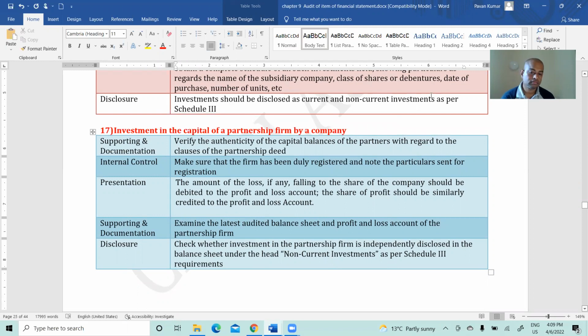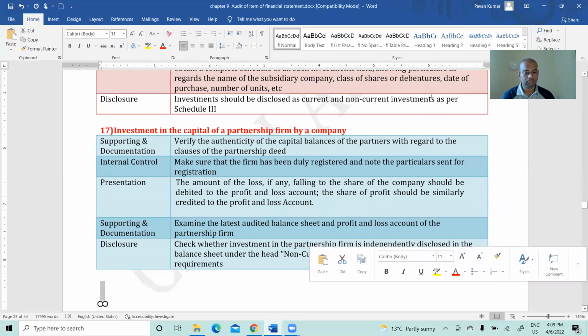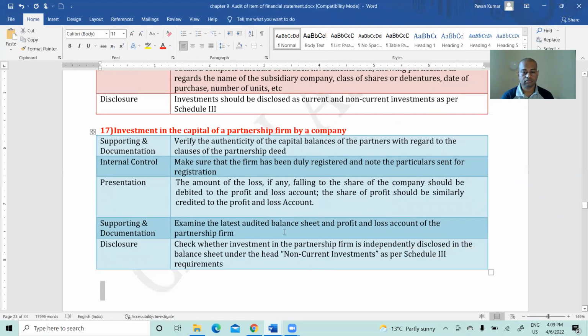Supporting and documentation: verify the authenticity of the capital balances of the partners with regard to the clauses of the partnership deed. Internal control: make sure that the firm has been duly registered and note the particulars sent for registration. Presentation: the amount of the loss, if any, falling to the share of the company should be debited to the profit and loss account. The share of profit should be similarly credited to the profit and loss account.